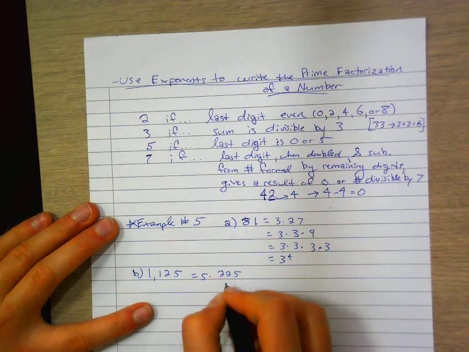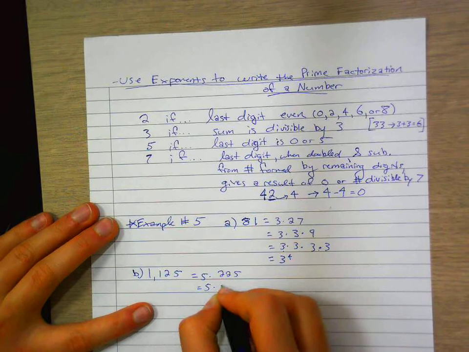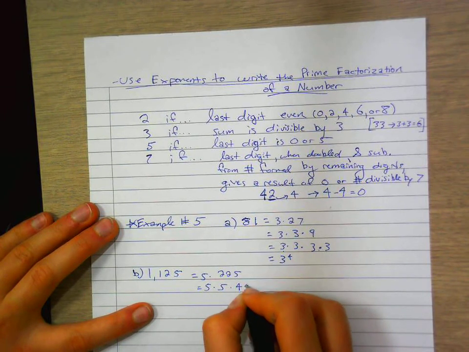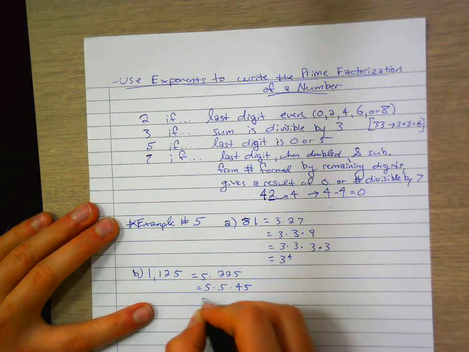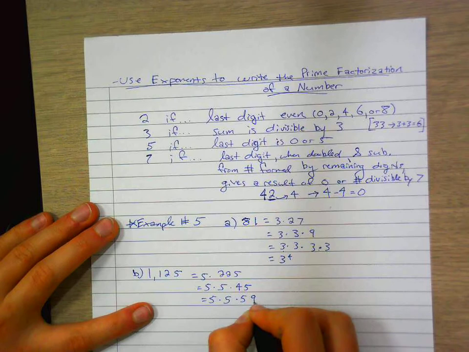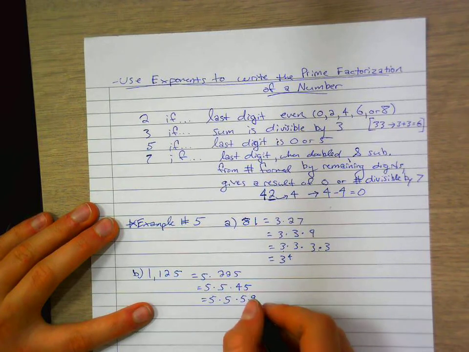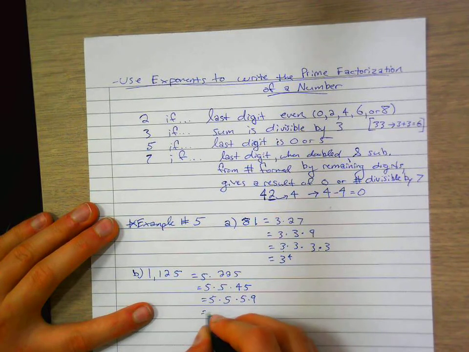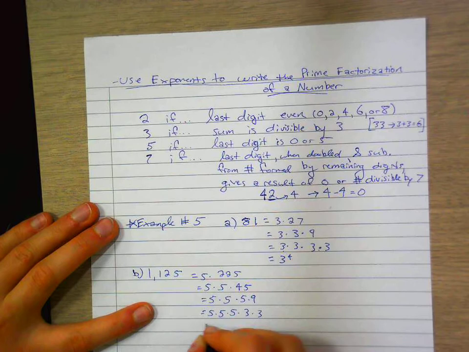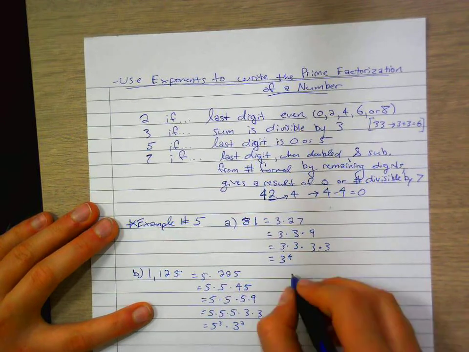The last digit again is 5, so we'll divide it by 5 again. The last digit's 5, we'll divide it by 5 again. 5 is an easy number to keep dividing by. Now 9 does not end in 0 or 5, however we know that it's divisible by 3. Simplifying, we get 5 cubed because 5 occurs 3 times, times 3 squared because it occurs 2 times.